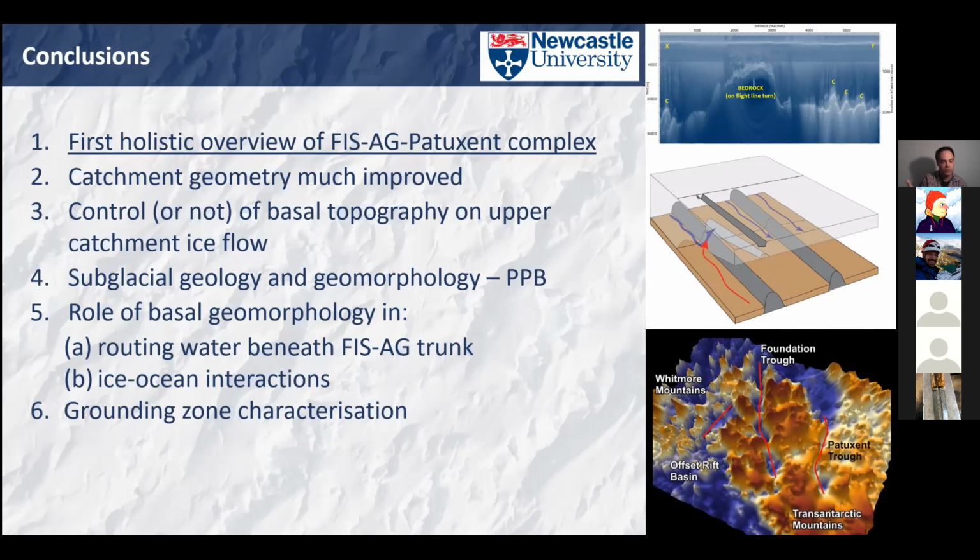And we've got some really good insights from Guy Paxman's work, which I've only skimmed over today, looking at the subglacial geology and geomorphology of the Pensacola-Pole Basin and the implications of that for ice sheet stability going forward on longer multi-centennial to millennial timescales. We've also got some grounding zone characterization from some of the radar data, but we need a little bit more.